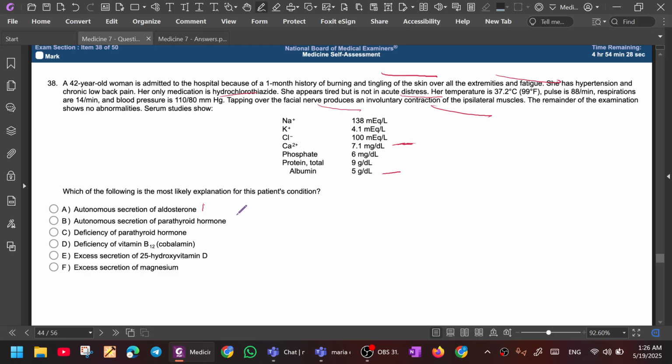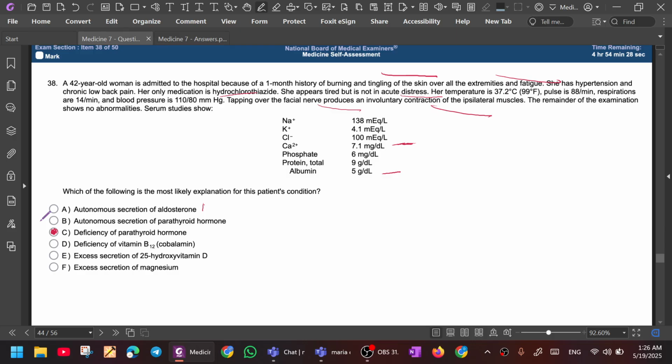Is it hypocalcemia, isn't it? Hypo. So is it primary hypoparathyroidism? I don't think so, but maybe. Are you thinking about any syndrome, like MEN, pituitary, pancreas, parathyroid?